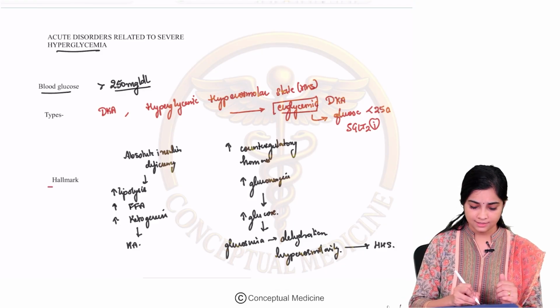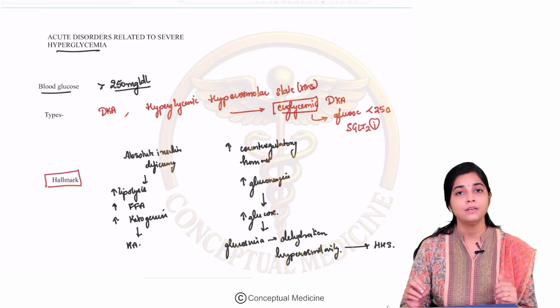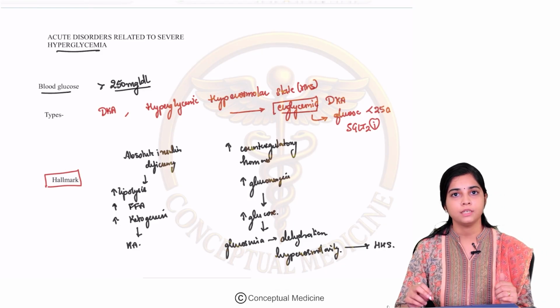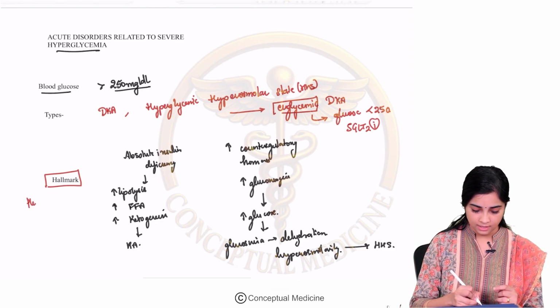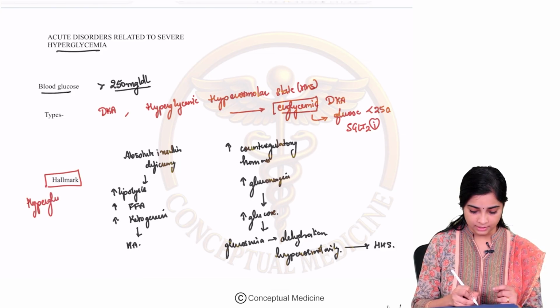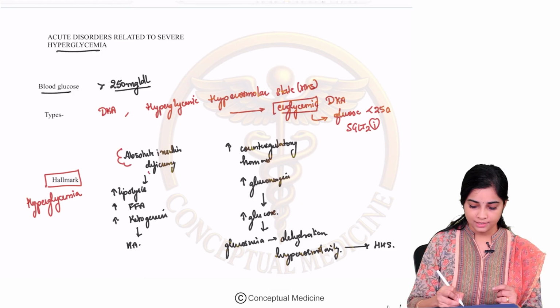Okay, so let us understand the hallmark features and the pathogenesis of diabetic ketoacidosis. The hallmark feature is uncontrolled hyperglycemia and absolute insulin deficiency.